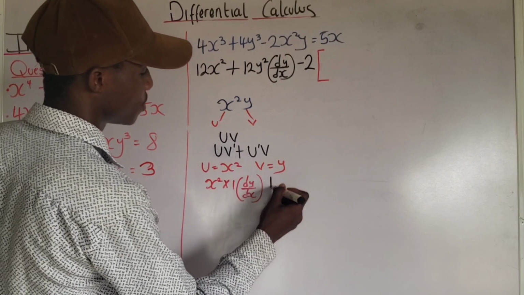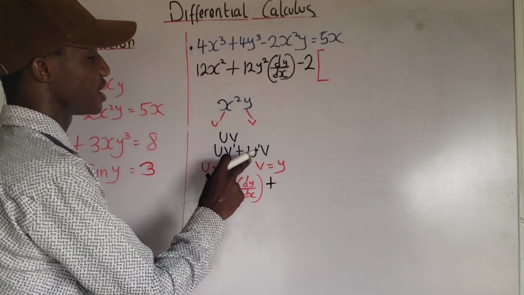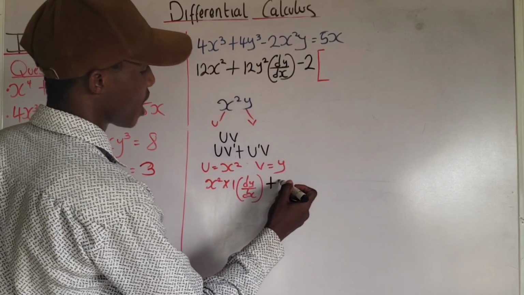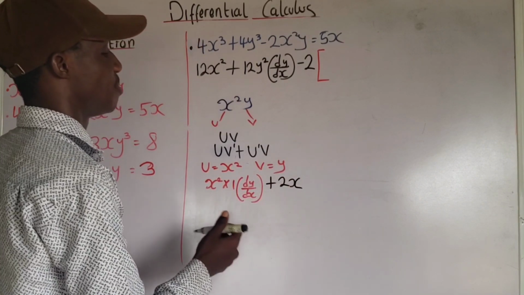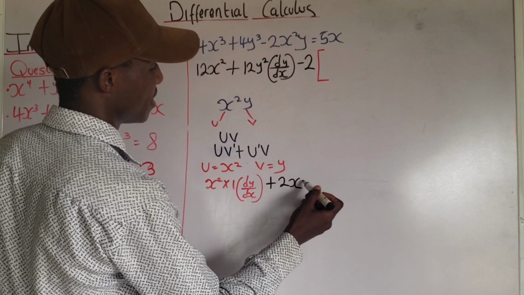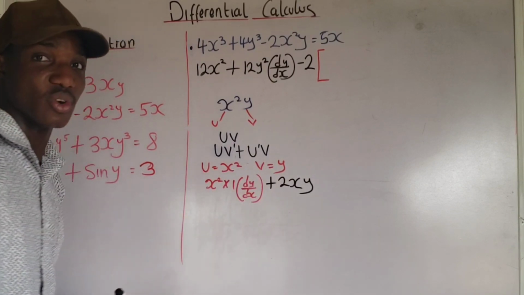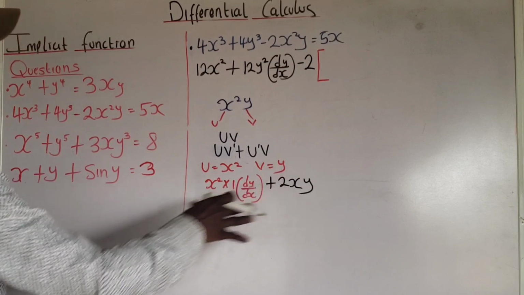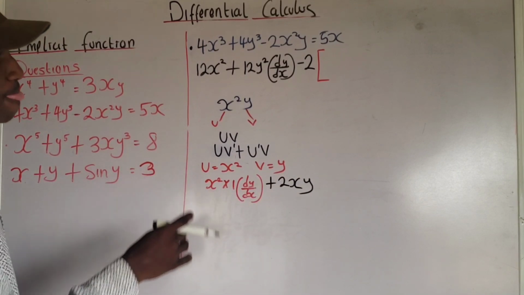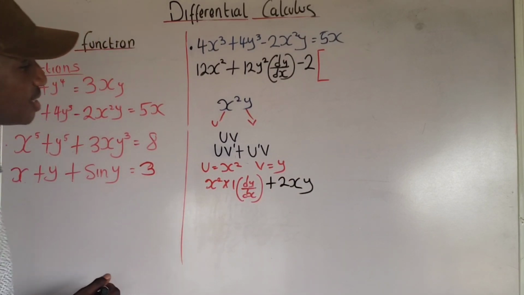Put the addition sign there. Derivative of u: if you differentiate x², you have 2x multiplied by y, because we are keeping v constant now, and v is y. This is the basic ideology of implicit differentiation.